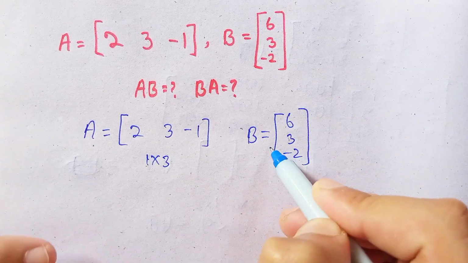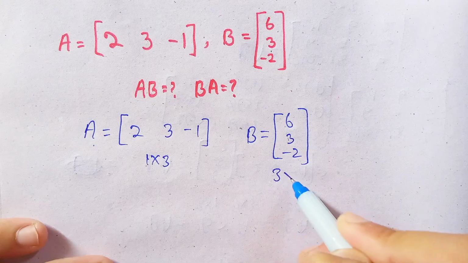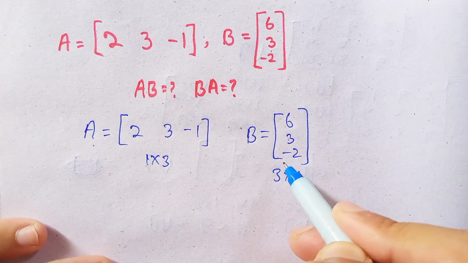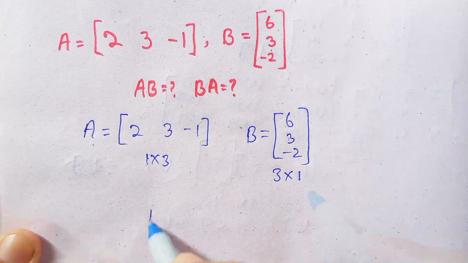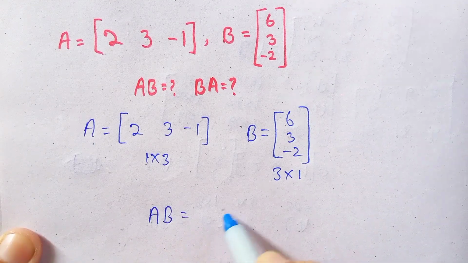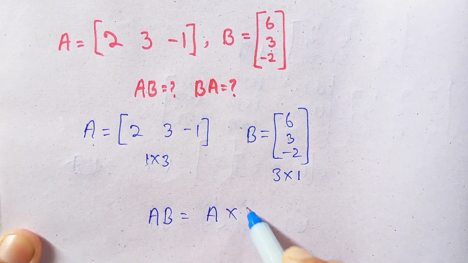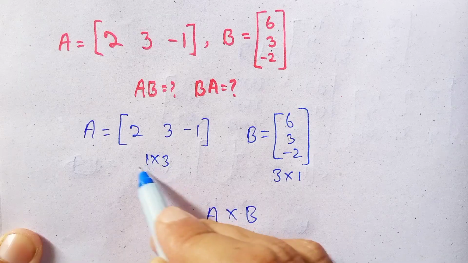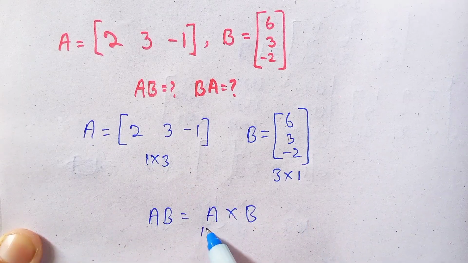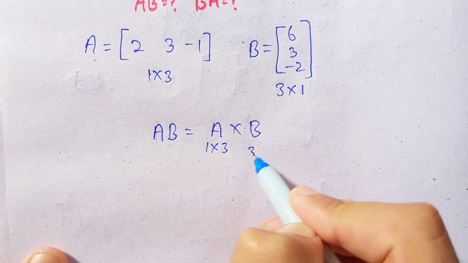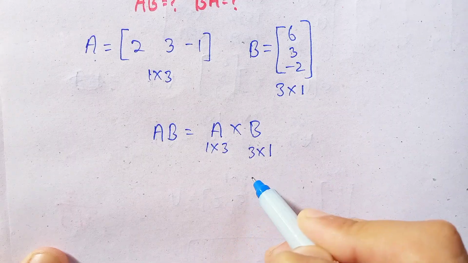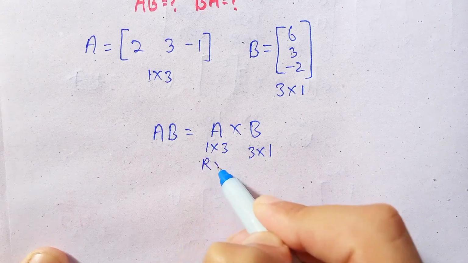Here the order of matrix B is 3 by 1 because there are 3 rows and 1 column. AB equals A cross B. Here the order of matrix A is 1 by 3 and the order of matrix B is 3 by 1. Their order is row by column.